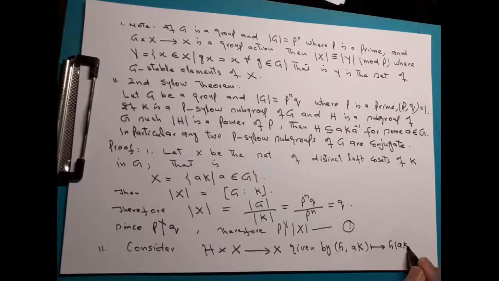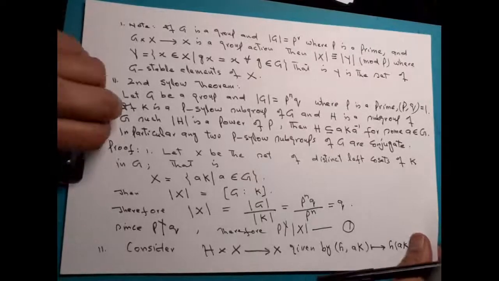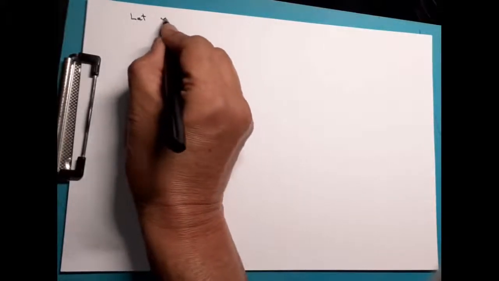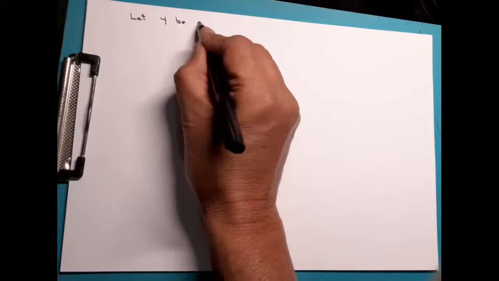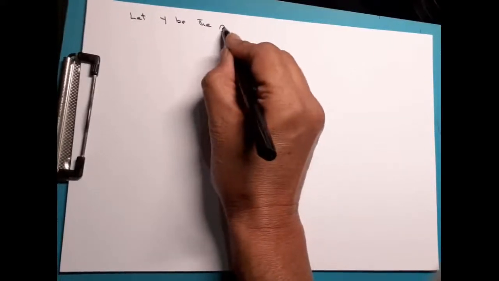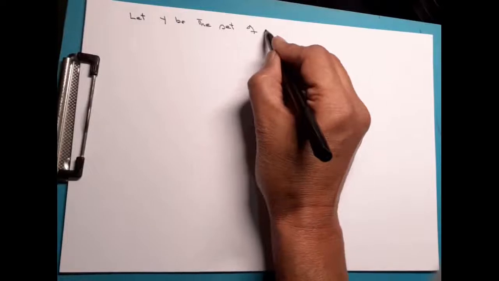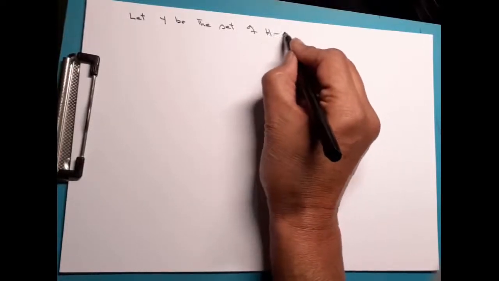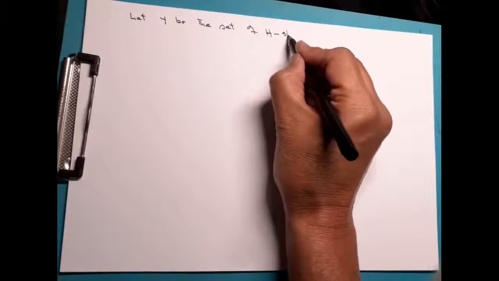So this is the way we define the group action. Having defined this group action in this way, let Y be the set of H stable elements of X.